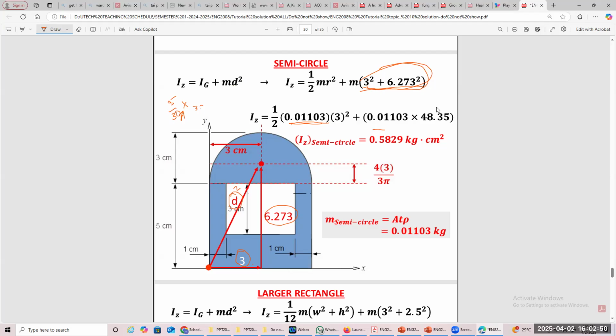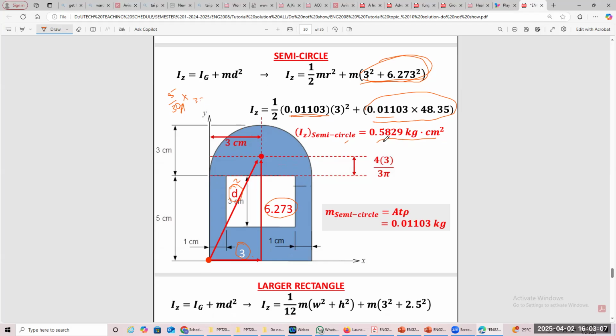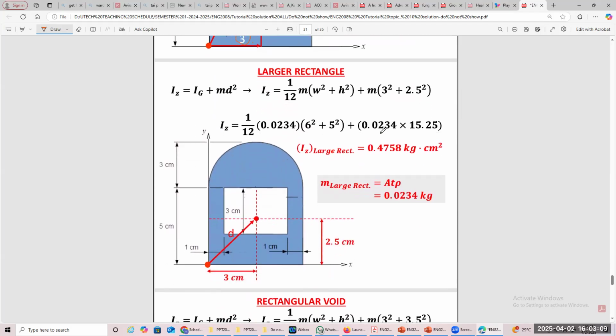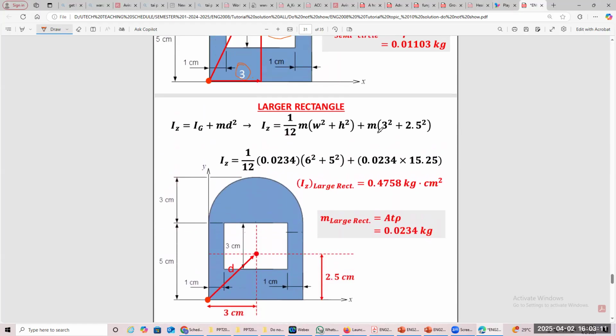All right, so you get that, and you multiply it by the mass, and you add it, and you get the first section. This is the mass moment of inertia for that piece. Now the next piece, you do the same thing for the large rectangle, but the formula is different.